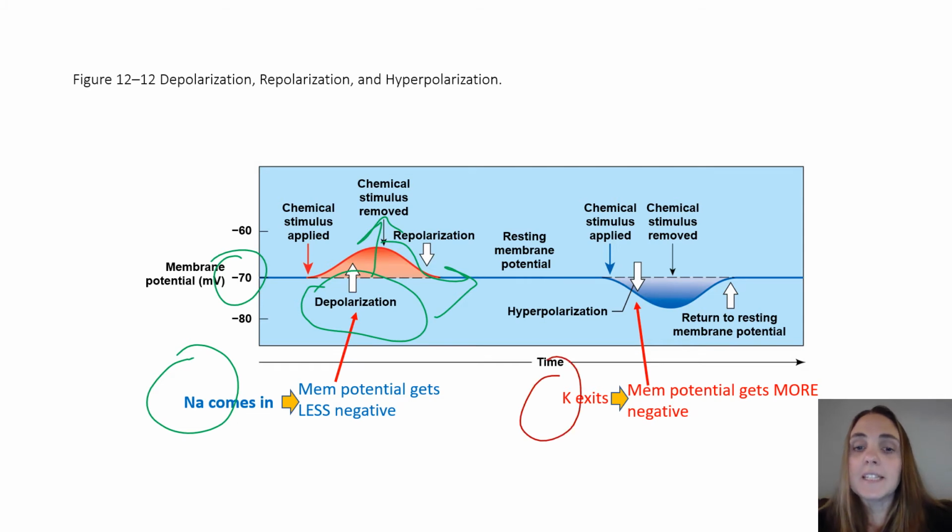If it's a potassium channel that's opened, potassium exits, we kick out our bananas, we get a hyperpolarization. We're getting to a more negative charge. If we remove whatever that stimulus was, close that potassium channel, we're going to repolarize to our normal resting membrane potential of negative 70.